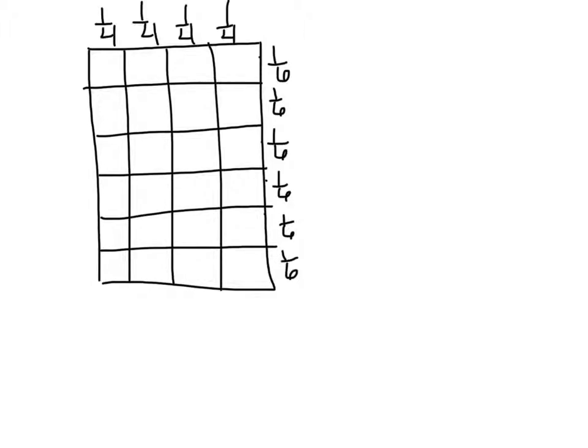So we have 4 columns, so each column would be 1/4. We have 1, 2, 3, 4, 5, 6 rows, so each row is 1/6. So we have 24 total squares.